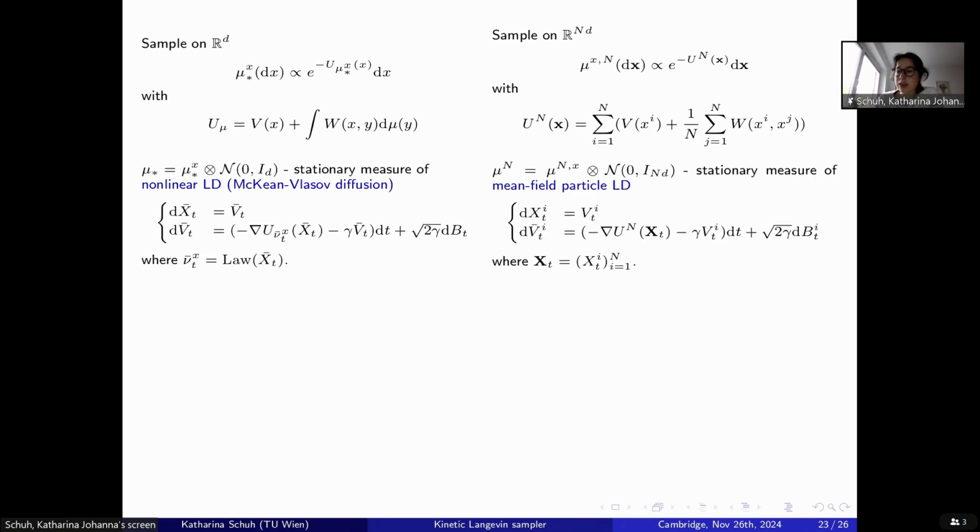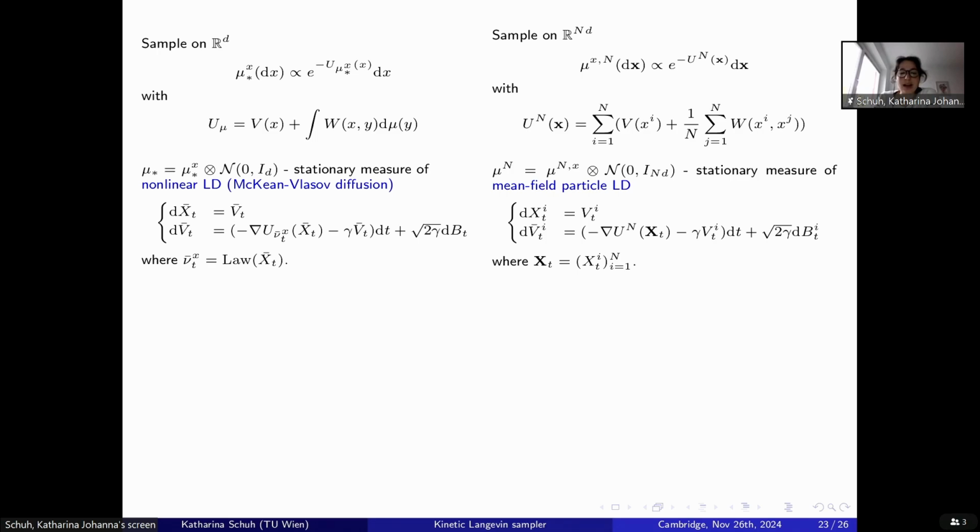And so for these two target measures, we can again use the Langevin dynamics, the continuous one, either the so-called nonlinear Langevin dynamics, sometimes also called McKean-Vlasov diffusion, but here it's now of second order.